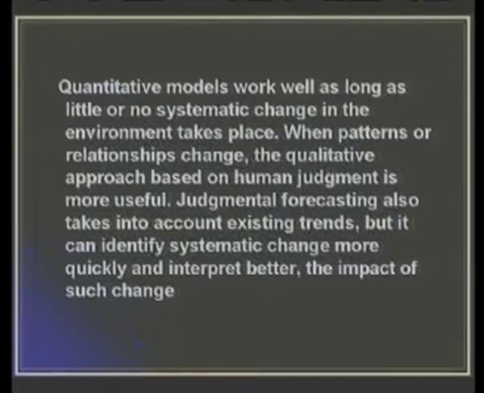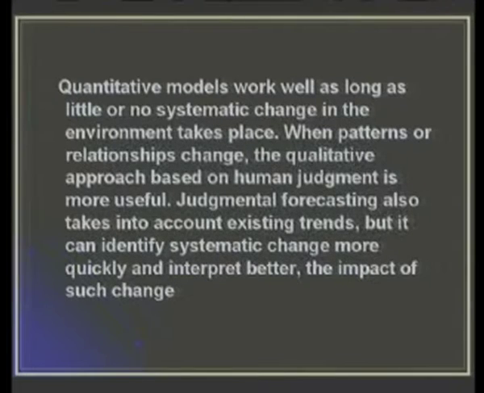So, the quantitative models work well as long as little or no systematic change in the environment takes place. When patterns or relationships change, the approach based on human judgment is more useful, and judgmental forecasting also takes into account the existing trends, but it can identify systematic change more quickly and interpret better the impact of such changes.